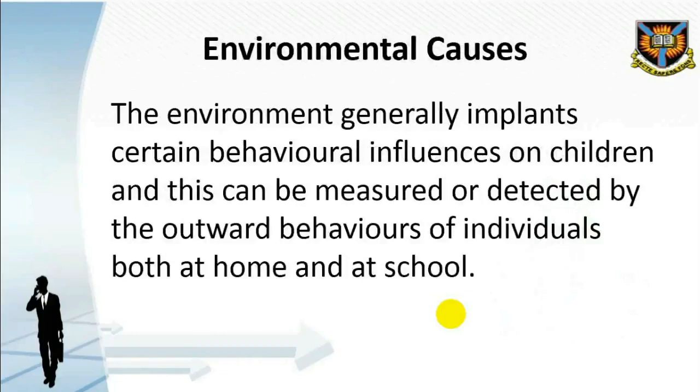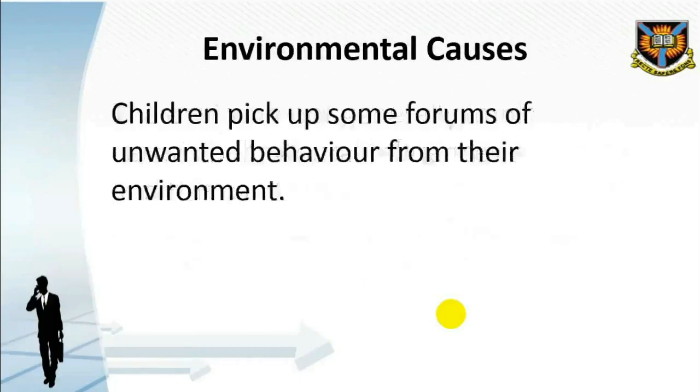Environmental influences can be measured or detected by the outward behaviors of individuals both at home and at school. Children pick up some forms of unwanted behavior from their environment.